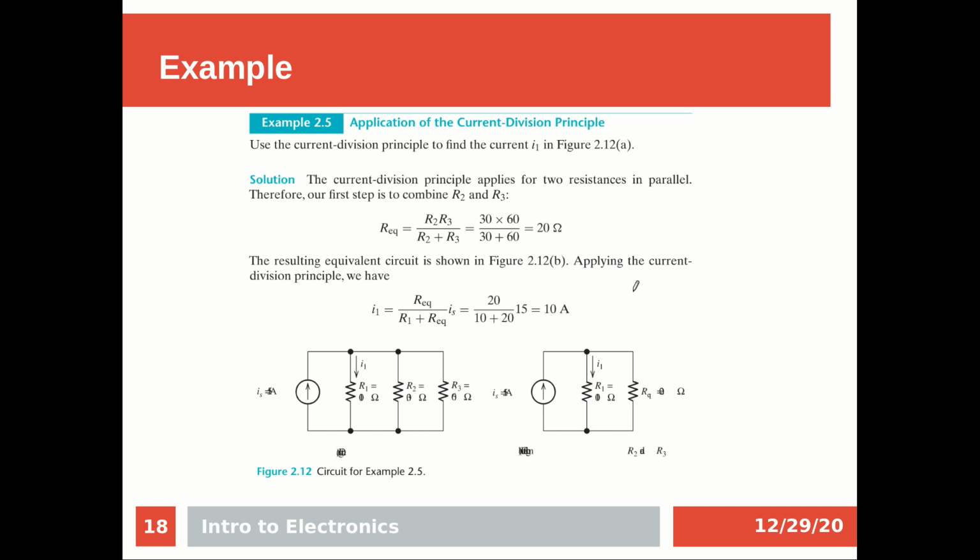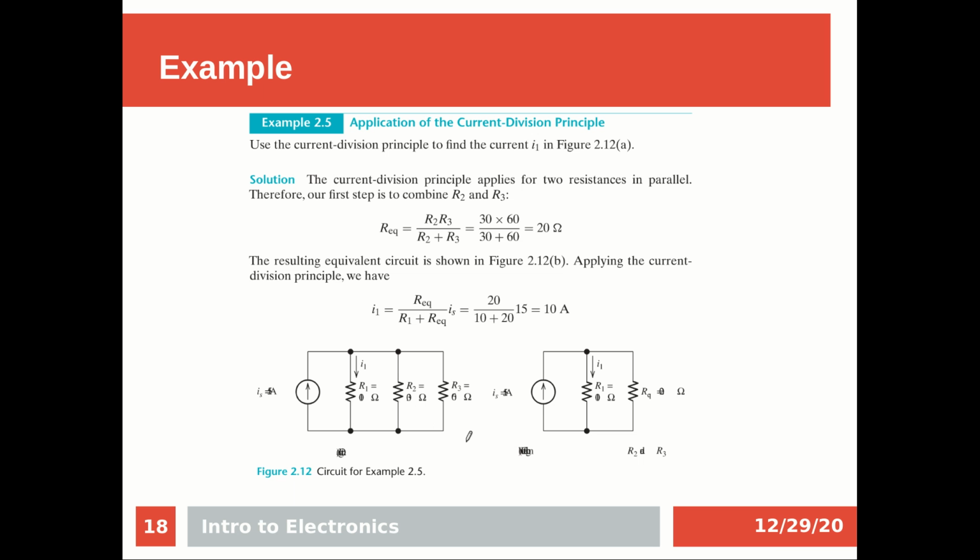Okay, now let's calculate this equation. For R2 and R3, you take the equation for the current division principle for two resistors: R equivalent over R1 plus R equivalent, times IS. You calculate using the same values.